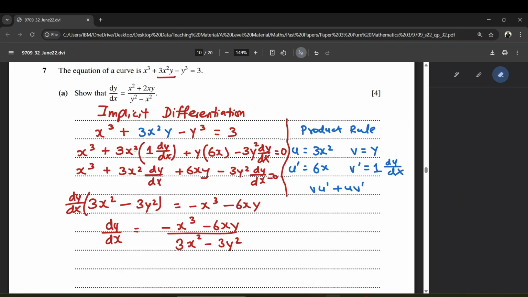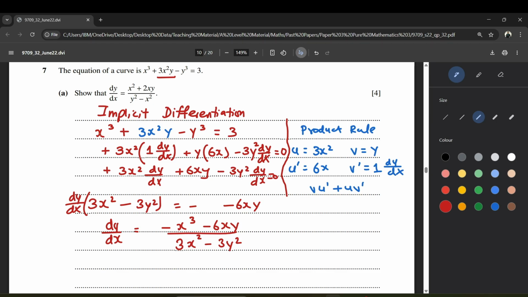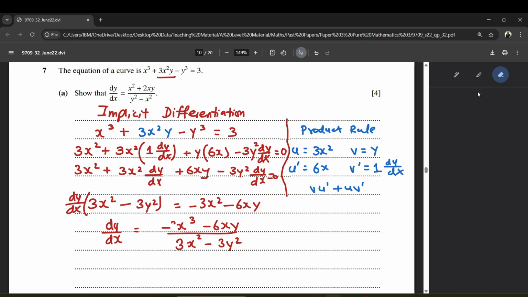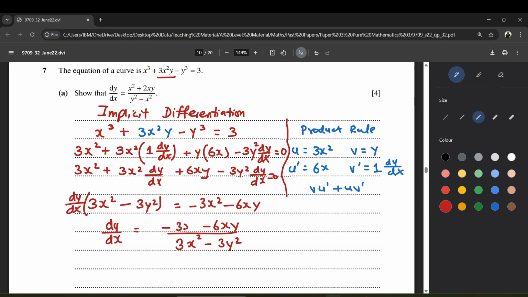All right, I think I made a mistake. I did not differentiate this. Let me just fix that up. So x cubed will be differentiated to 3x squared. So this becomes 3x squared, and this becomes 3x squared, and this becomes 3x squared.